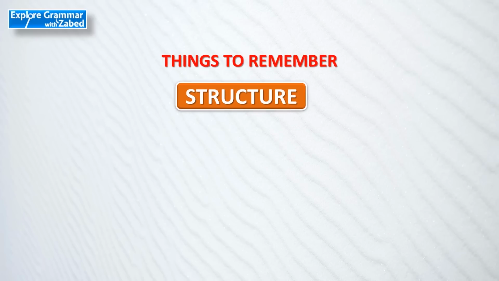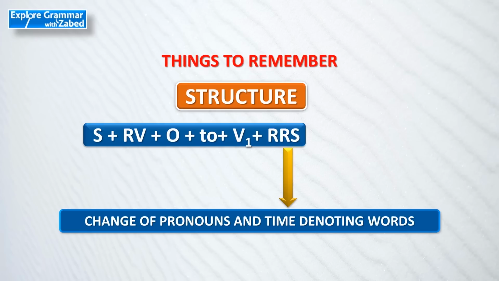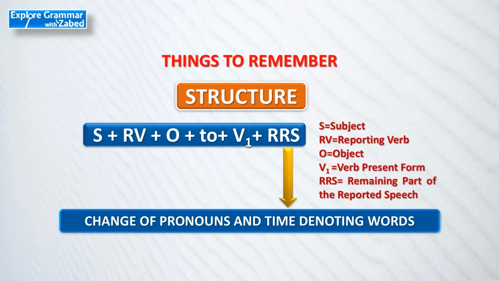The most important tip for you is most of the time the structure of indirect speech for imperative sentence will be like this: subject plus reporting verb plus object plus to plus verb 1 plus RRS. Remember the change of pronoun and time denoting words in the remaining part.